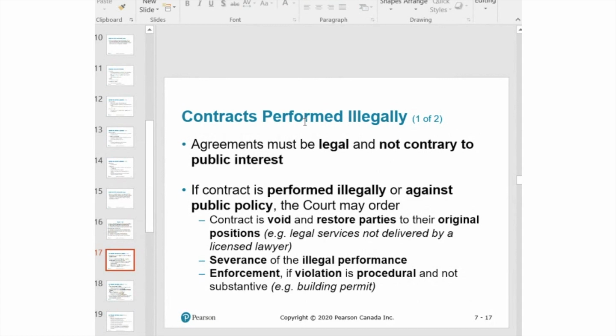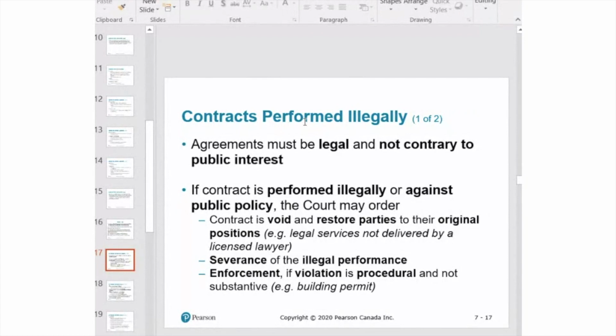Let's say you hire a dentist, but the person claiming to be a dentist is not a dentist. Here in BC, here in Canada, only dentists can deliver dental services. So this is illegality in performance, because a dental service contract is a legal contract. However, it can only be performed by a dentist.